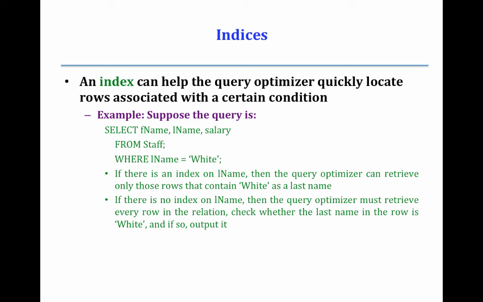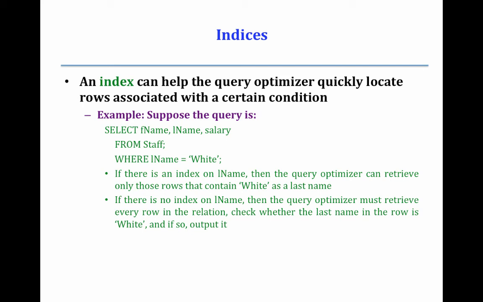I'd have to go through every tuple in the relation. But if I had an index, then I could simply find all the entries associated with White in the index, and it would point to the right places on the database or on the physical files to find them.